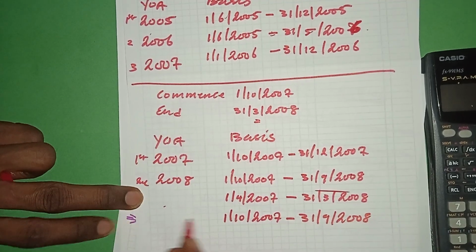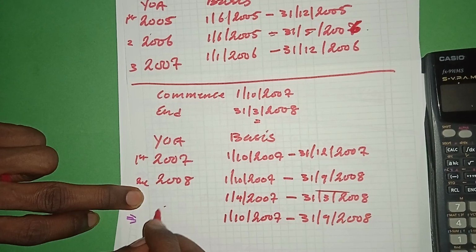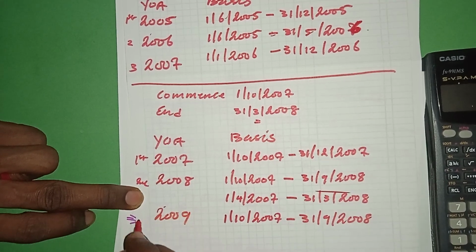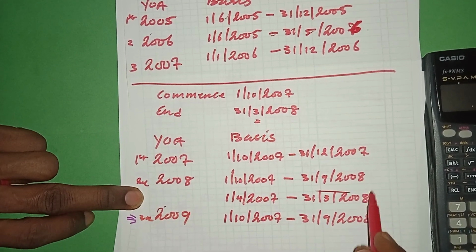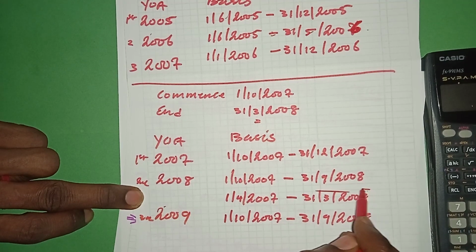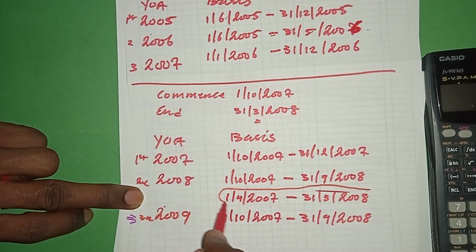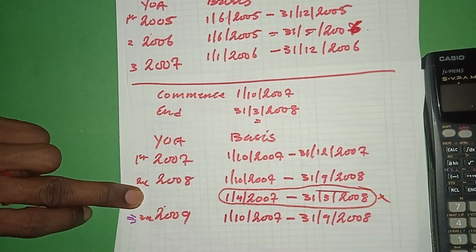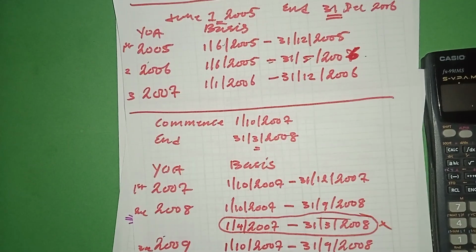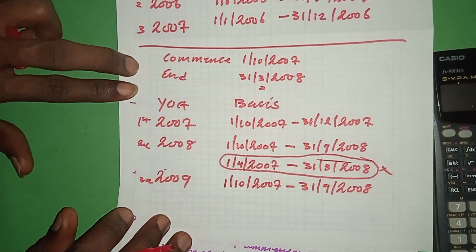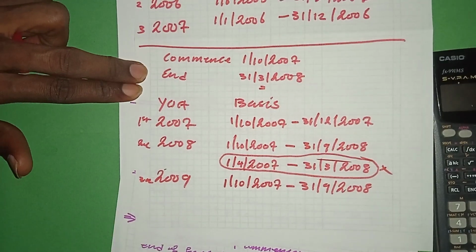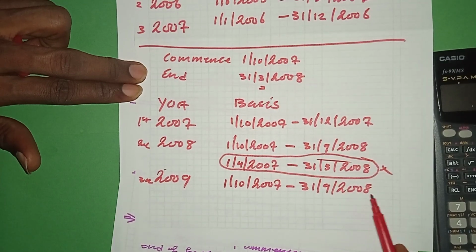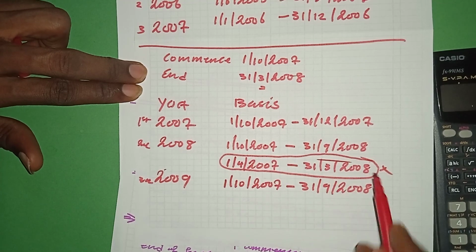Here now will now be 2009, your 3rd year. So you will now do away with this. So after you must have worked this in your rough sheet, you bring in this and not this.